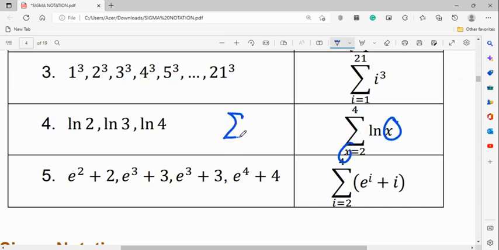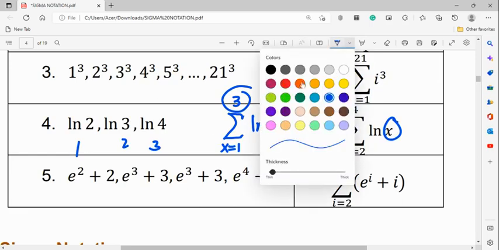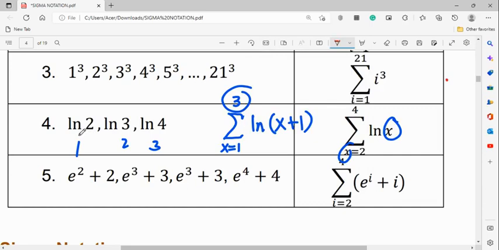Or, you can say that ln of x plus 1, if x starts from 1, then mag-end sa 3. Okay, so this is your first, second, and third, kaya 3. It starts from 2, and then this must be 2, 3, and 4. So, kaya ito 4.